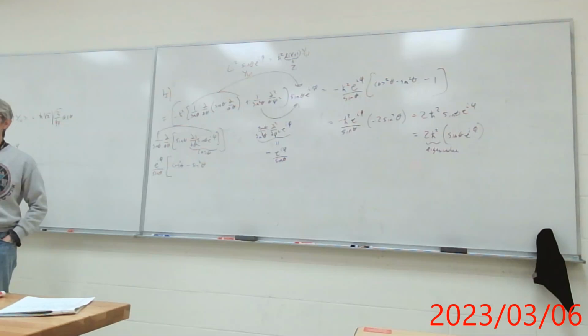L minus operating on l comma m is h bar times the square root of l times l plus 1 minus m times m minus 1, plus or minus, and then l comma m minus 1. Right. I just copied that from chapter 3.